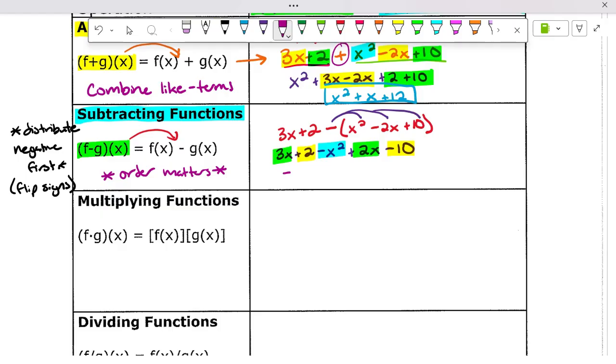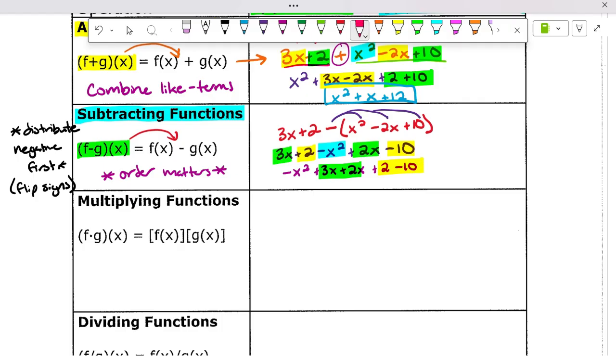So I'm going to write negative x squared. What comes next, green or yellow? Green comes next. So plus 3x plus 2x, which means the yellow comes last. So plus 2 minus 10. And then I combine where I have to combine.